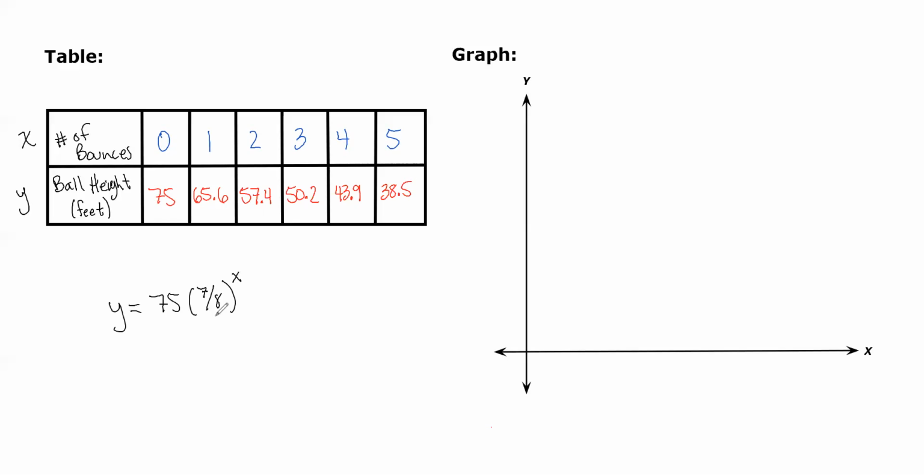Now that we have a table, we can make our graph. All right, so let's set up the parts of our graph that we need. The bottom here will be the number of bounces. And our y-axis will be the ball height, again in feet.